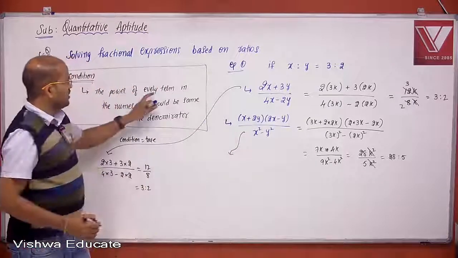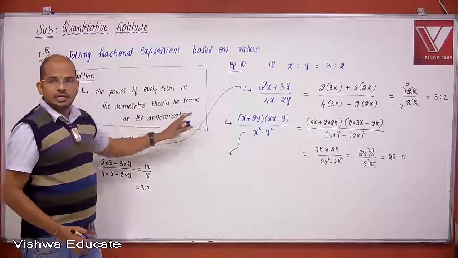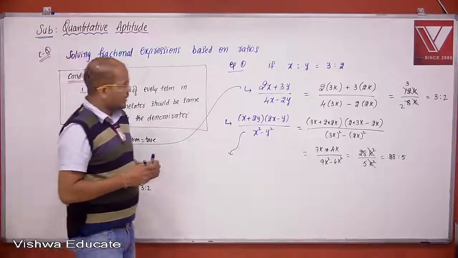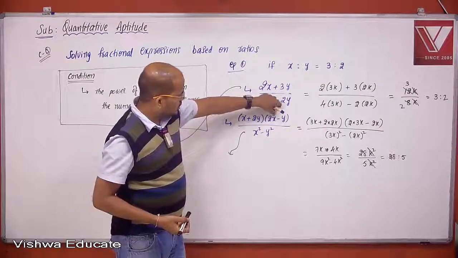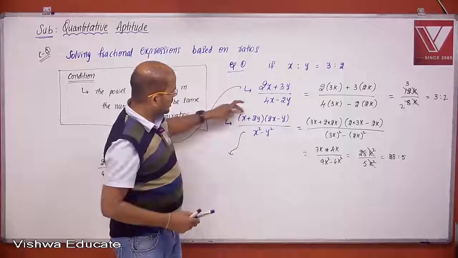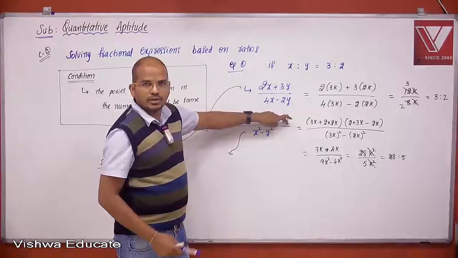Now this story: the power of every term in the numerator should be same as the denominator. What do you mean by that? x is 1, y is 1, x is 1, y is 1. So you have x plus y into x minus y.